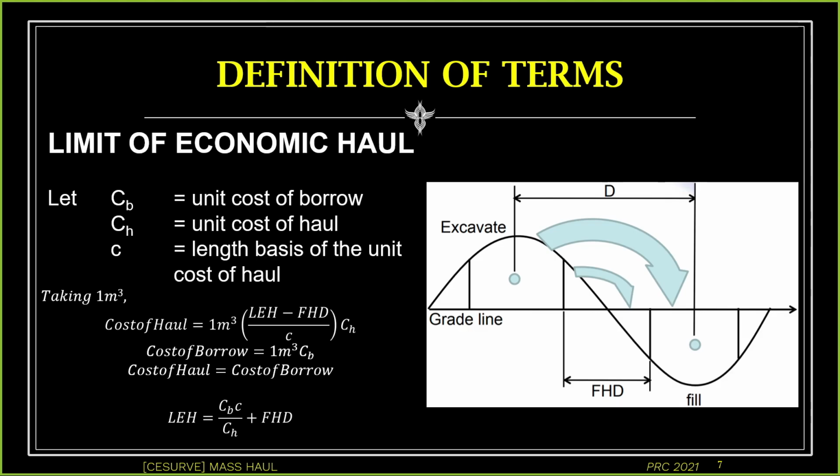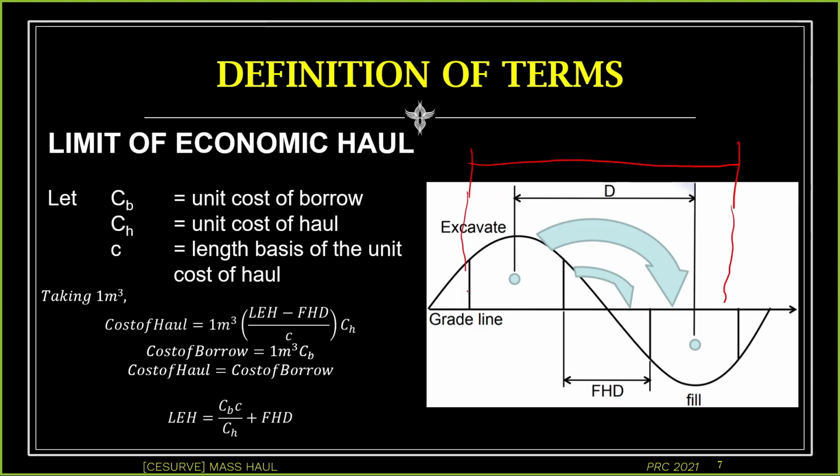Then the unit cost of haul is likewise how much the excavation costs. Then C is the length basis of the unit cost of haul. That is the travel. The cost of haul is basically the distance at LEH. This is LEH.